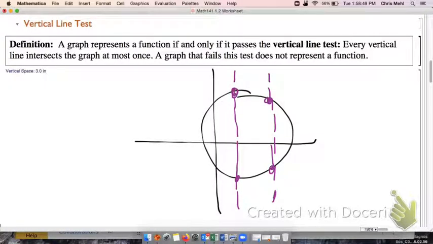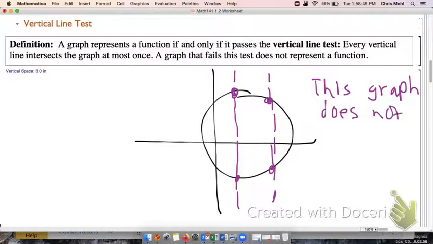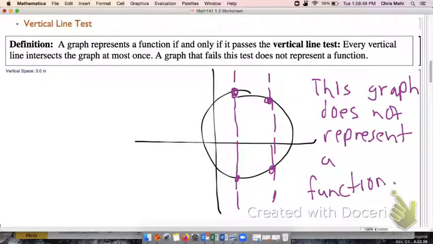So this relation, or the graph of that relation, does not represent a function, because the graph fails the vertical line test, and you can just write that as the acronym VLT. So this graph does not represent a function because the graph fails the vertical line test. Okay.